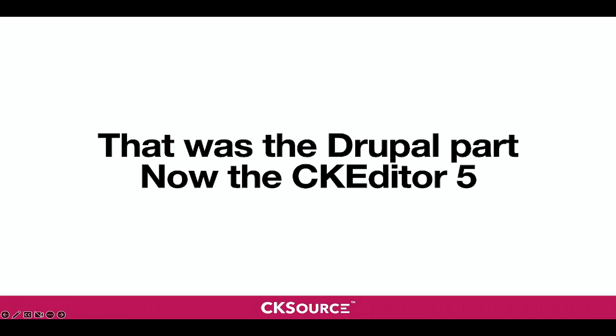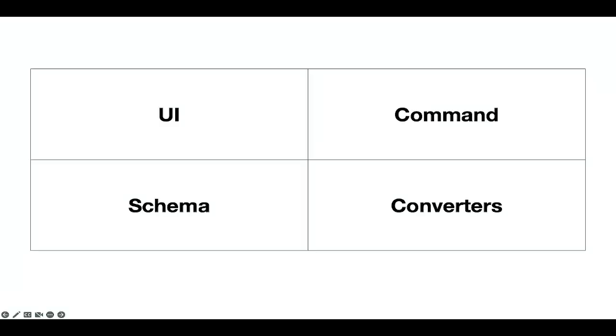Now the CKEditor 5 part. Let's start from the simpler things. The plugin will consist of, let's say, four parts. CKEditor 5 is in general much more decoupled than CKEditor 4. An anecdote: to force ourselves to have a really decoupled architecture, at some point we ended up with around 100 repositories, one for every single plugin.